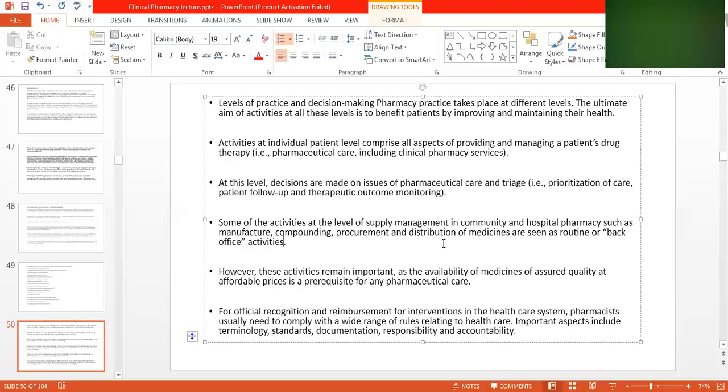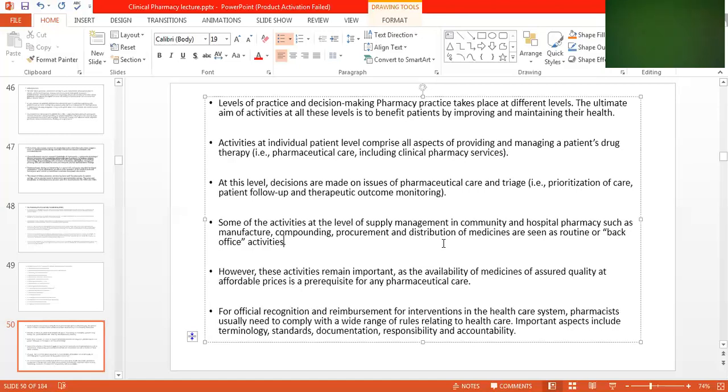As well as you have to assure the quality of the medicine you are providing at an affordable price, means the patient can afford those prices, and this is a prerequisite of any pharmaceutical care. Pharmaceutical care means your quality of the drug should be at a higher level and at an affordable price.